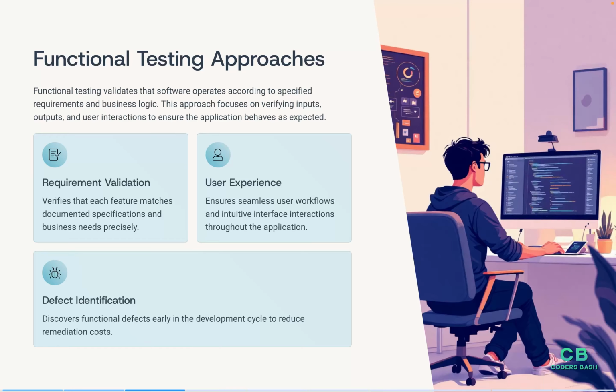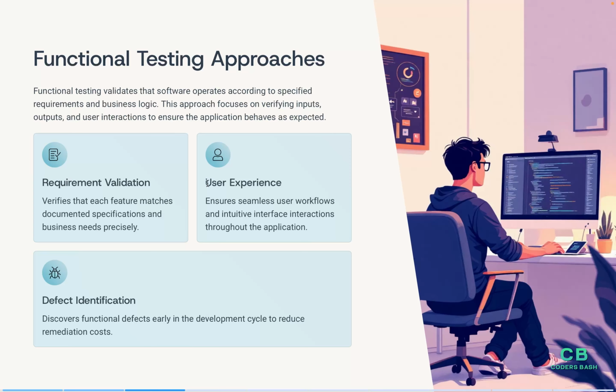So basically you can assume any requirement which came to a company and they develop a software based upon that requirement. So those requirements have to be implemented, or the software should work as per those validations. So this part we cover under functional testing, which is our first point: requirement validation.